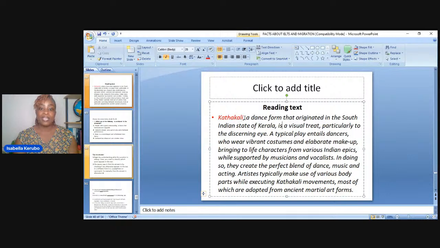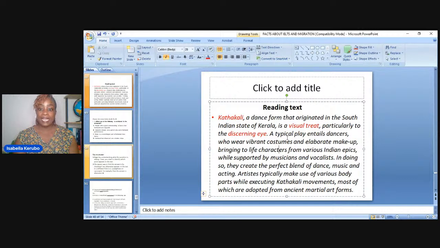We are talking about this type of dance, Kathakali, and it is a visual treat. This is also very important, a keyword to underline: particularly to the discerning eye. It's a very key description here.